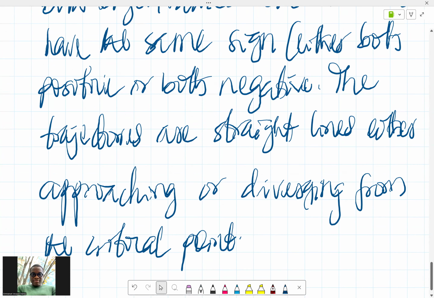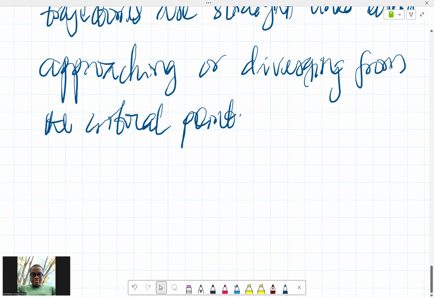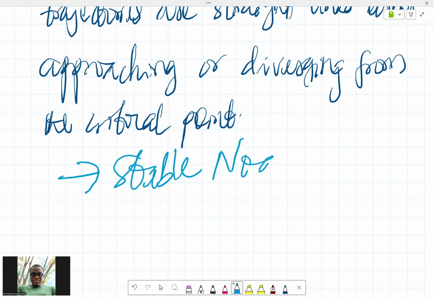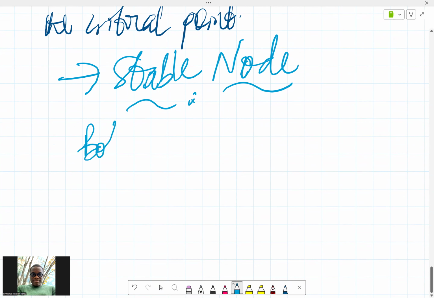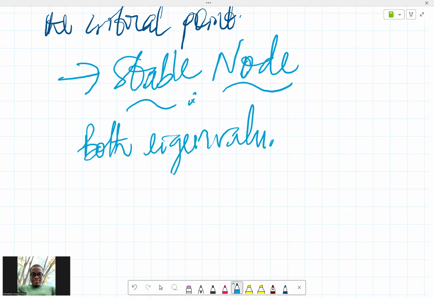This can come in two forms. We can have a stable node. For a stable node, both eigenvalues are negative, and that means stability.